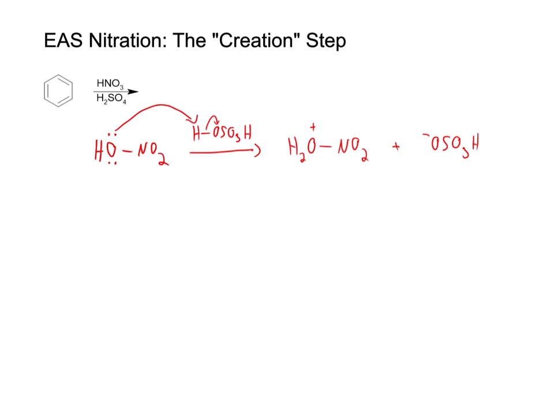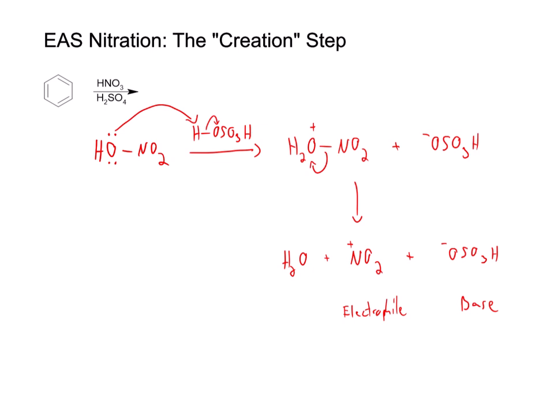So we have another step where this leaves as a leaving group, giving us water, NO2 plus, and OSO3H negative. And you can see that this is the electrophile with its positive charge on the nitrogen, and the OSO3H negative acts as our base.